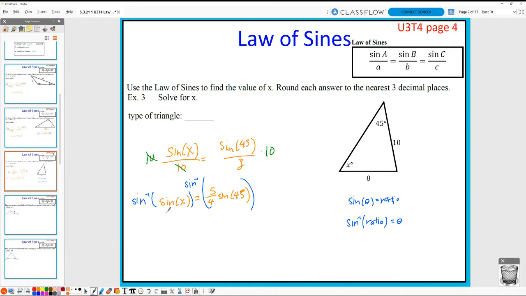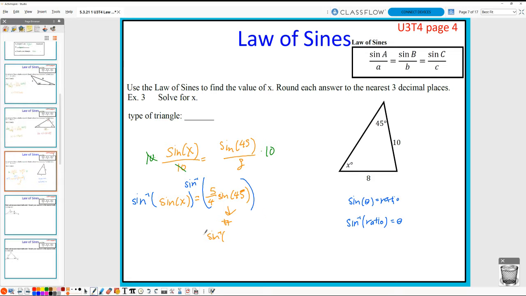of this whole thing. Now, it might be helpful to just put this in the calculator first. So you're going to get some number here, right? And then take inverse sine of your answer. On your calculator, you can do second negative. The negative has an ANS, meaning the previous answer in your calculator memory. It'll take whatever you had in there, so that way you're not rounding the number multiple times.